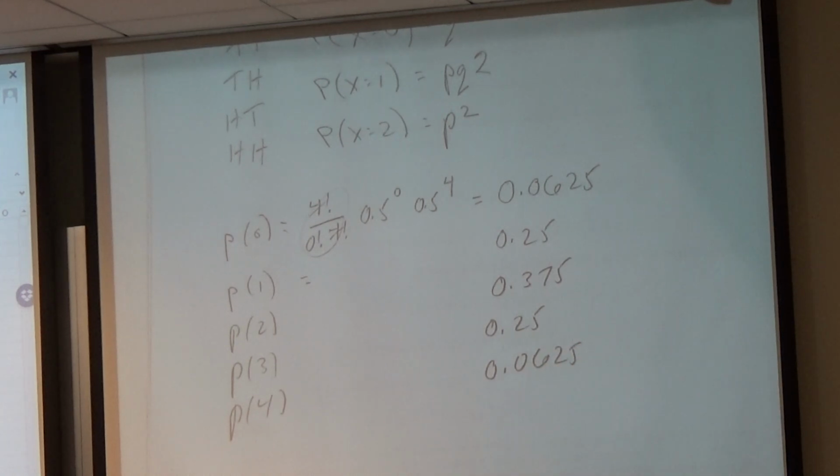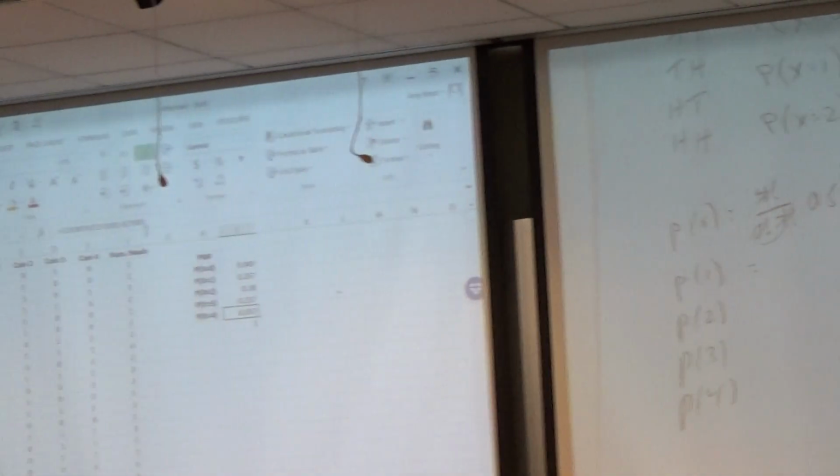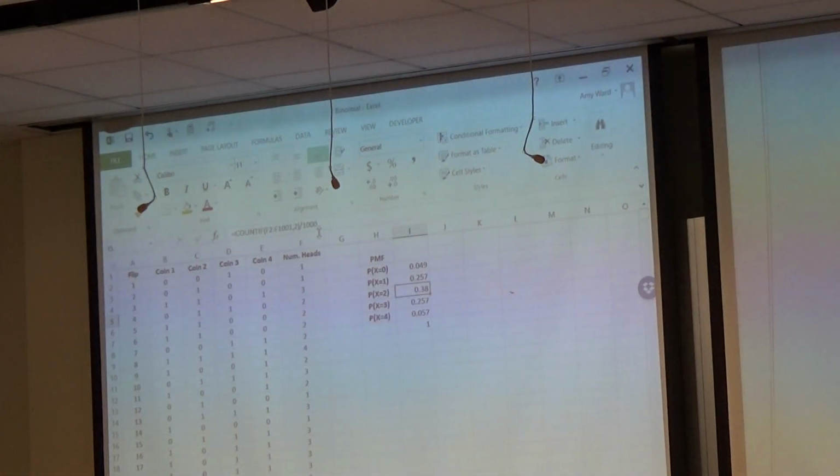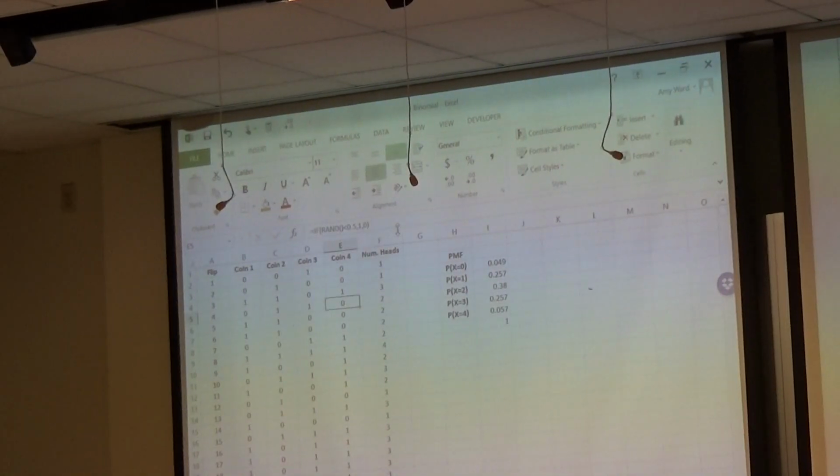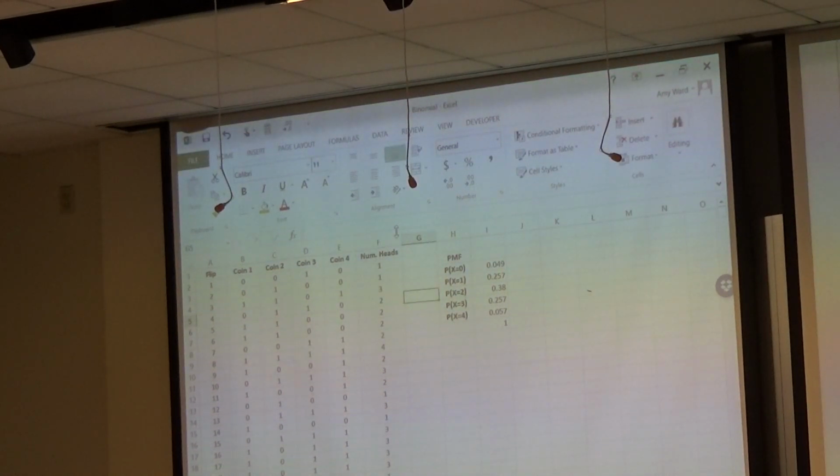Actually, since the coin is heads or tails and it's half, it's got to be symmetric at 1 and 3 and 0 and 4, so that's a good double check. And you can see over here, my probability mass function, well, it's not perfect, but it's close. How would I get it closer? I need more flips. But this idea, where I'm summing random variables, is a nice way to calculate probabilities. That idea can be useful.